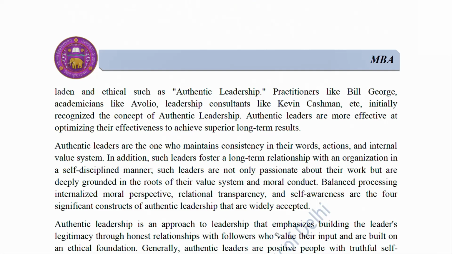Such leaders are not only passionate about their work but are deeply grounded in the roots of their value system and moral conduct. Balanced processing, internalized moral perspective, relational transparency, and self awareness are the four significant constructs of authentic leadership that are widely accepted.